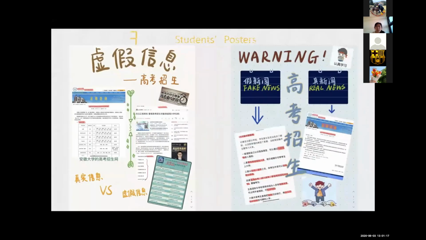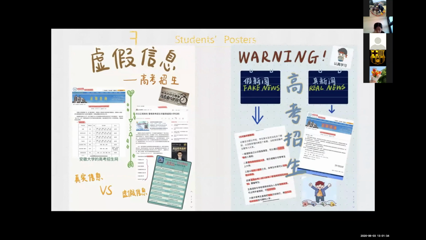By this video, our online courses and the materials we create, students create their own materials like these posters to show their understanding of fake news.